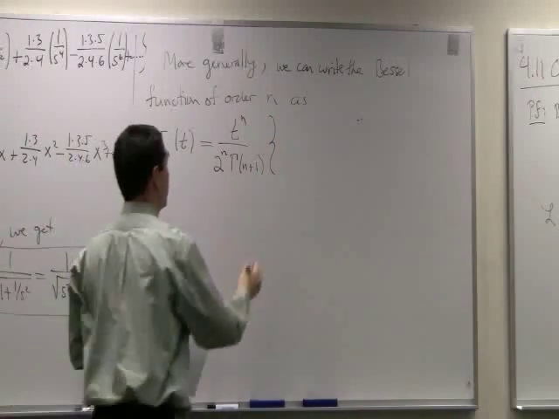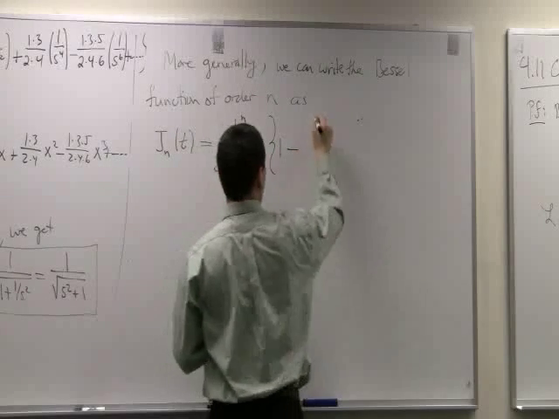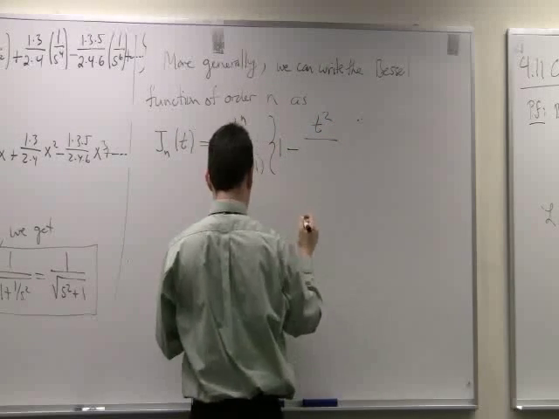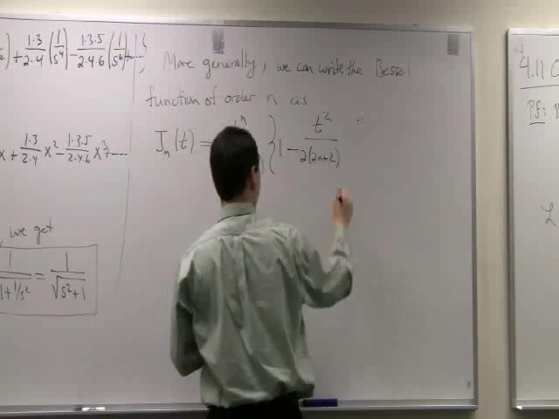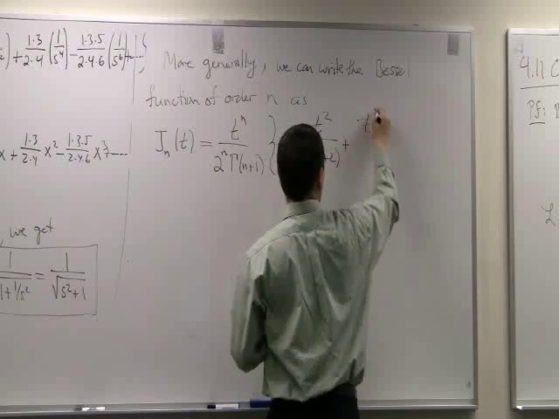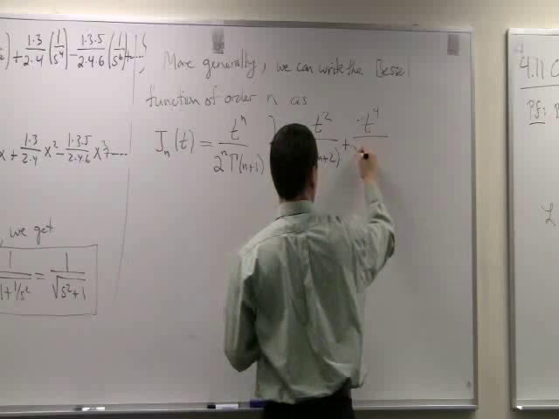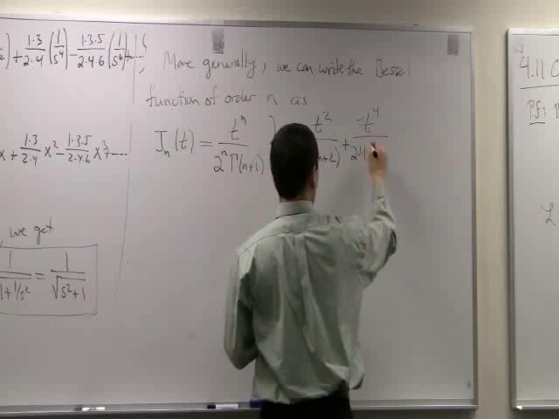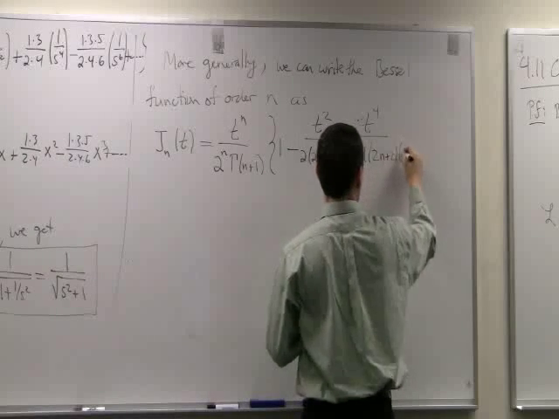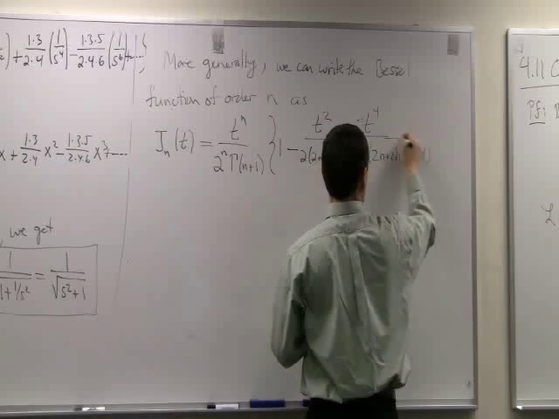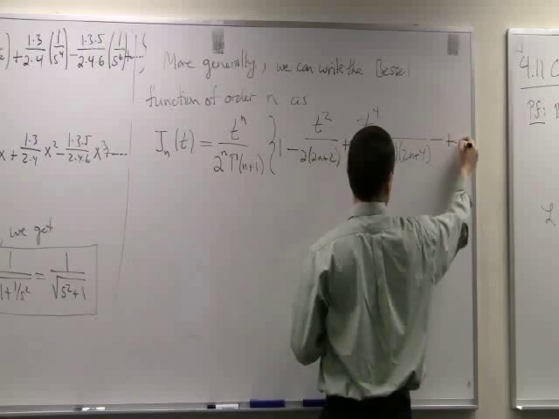And then we're going to be left with 1 minus t squared over 2 times 2n plus 2 plus t to the 4th over 2 times 4 times 2n plus 2 times 2n plus 4 minus plus dot dot dot.